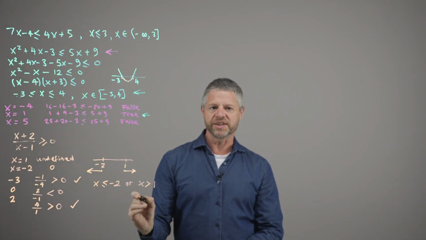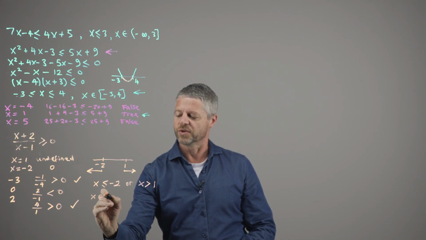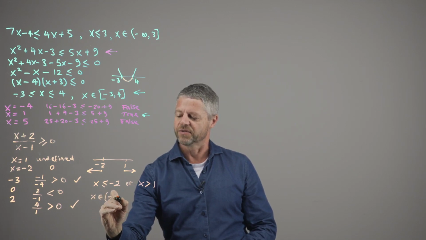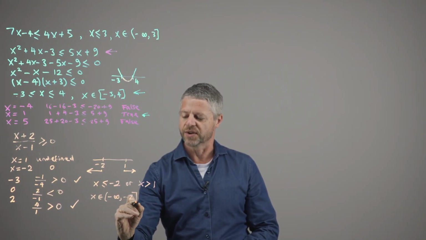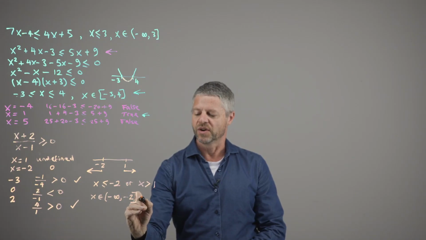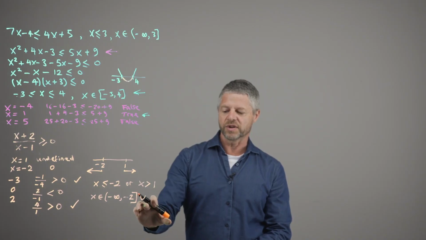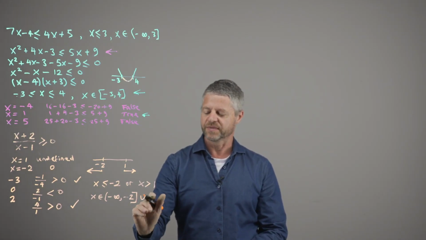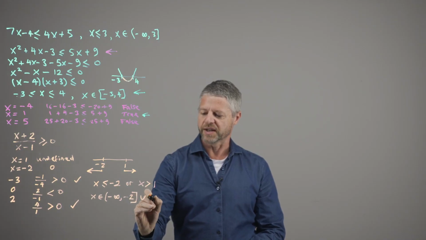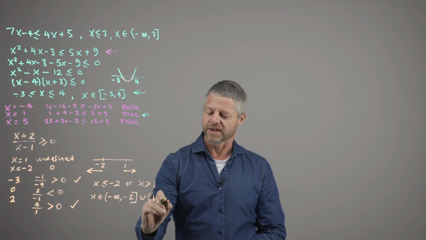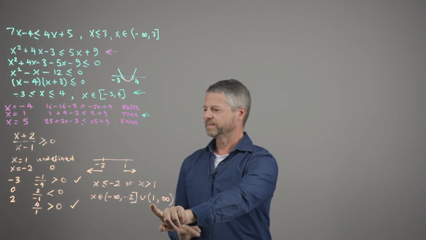And in interval notation, the way we write that is x belongs to the interval between -∞ and -2, including the value -2, or, and in set notation we denote or using the union symbol here, or the interval between 1 and infinity, and we're not including the value 1.